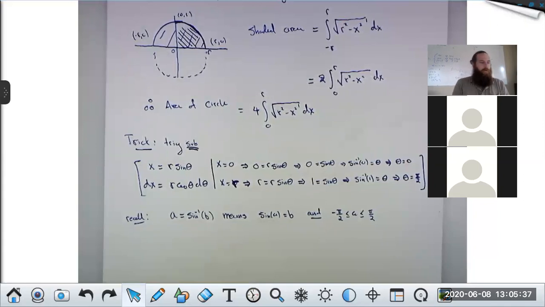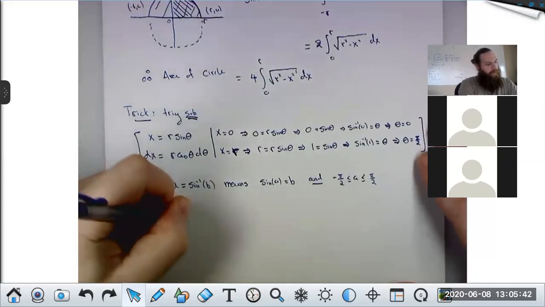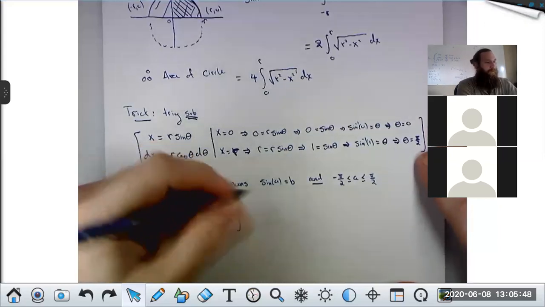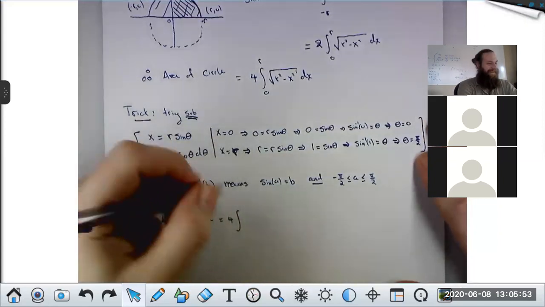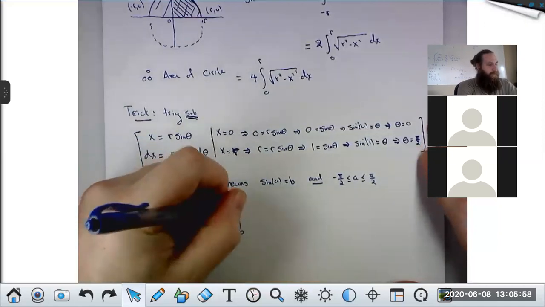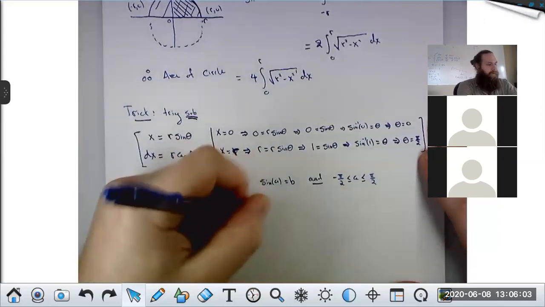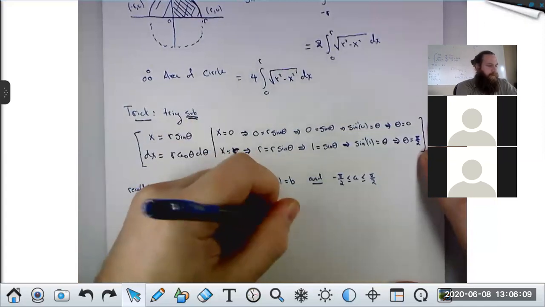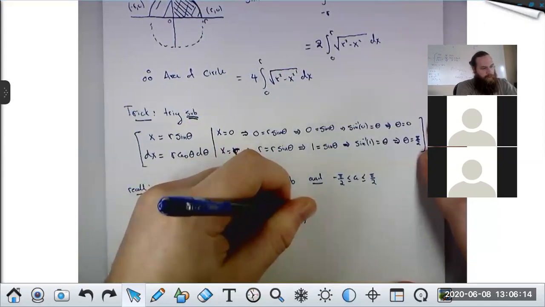All right, so let's finish this up. What does my integral become? So the area of the circle is 4 times the integral. My old lower bound of 0 stays 0. My old upper bound of r becomes pi over 2. The square root of r squared minus x squared is going to be the square root of r squared minus r sine theta squared, because I'm plugging in r sine theta for x.